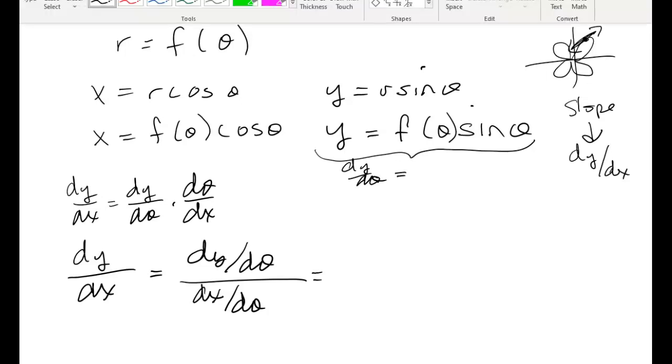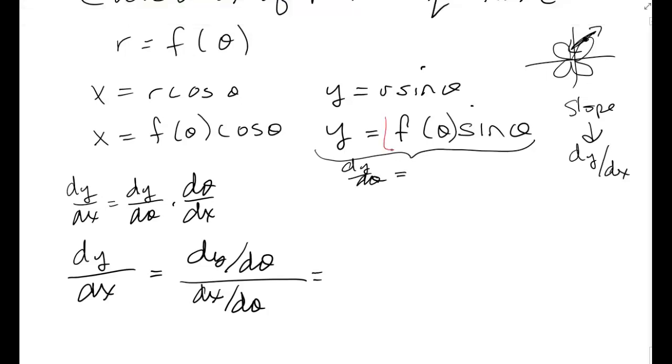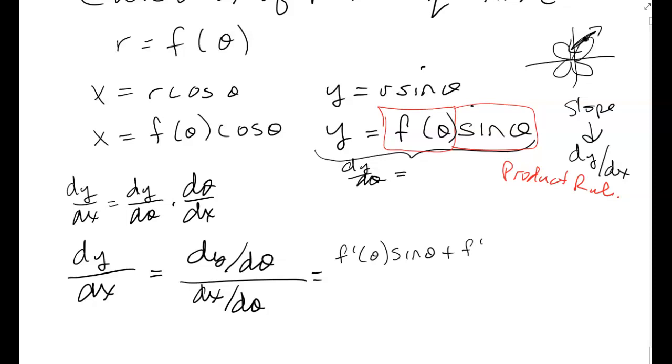This is, remember that thing from Calc 1? A product of one function times another. And we call that the product rule. So you can find dy d theta by first taking the derivative of the first function times the second function plus the first function without the derivative, and the derivative of the second function. Well, I know what the second function is, sine. The derivative of sine is just cosine theta.